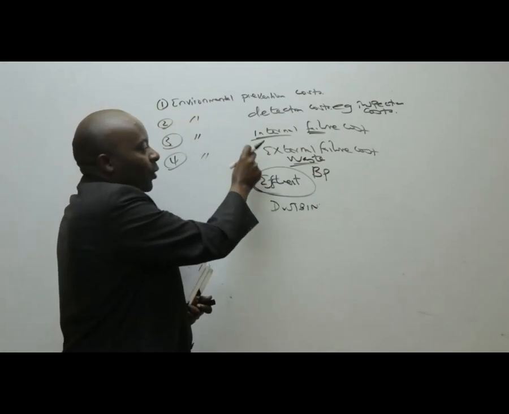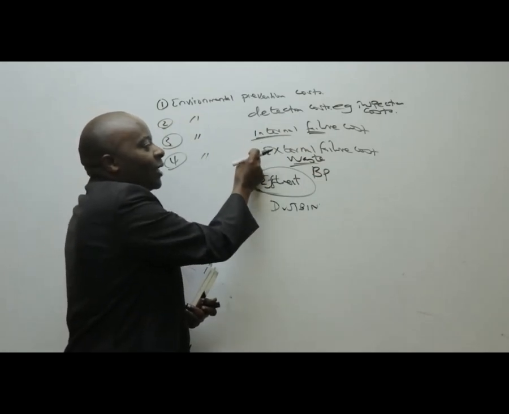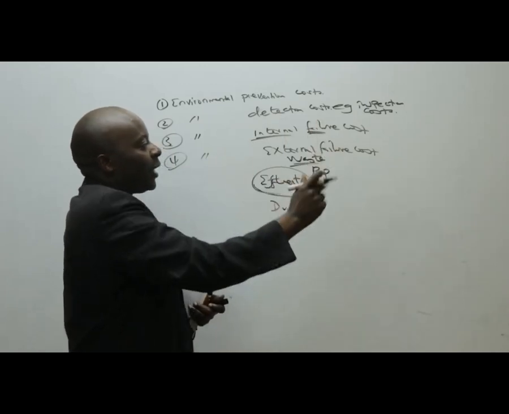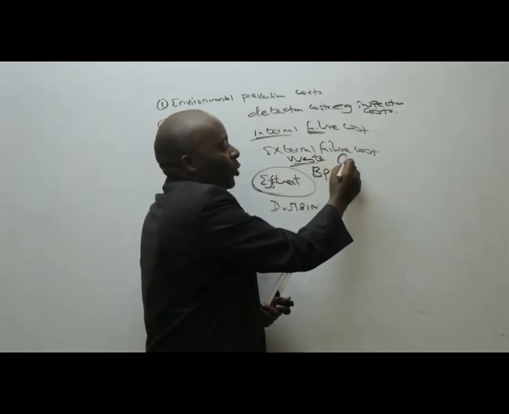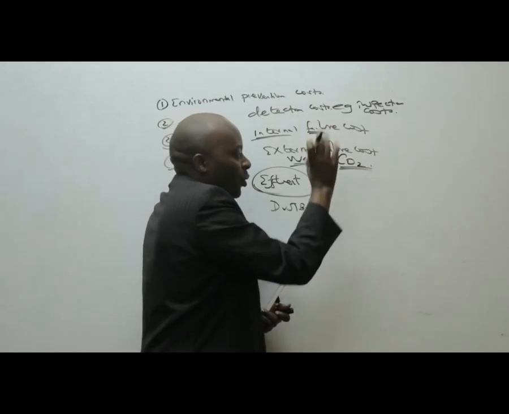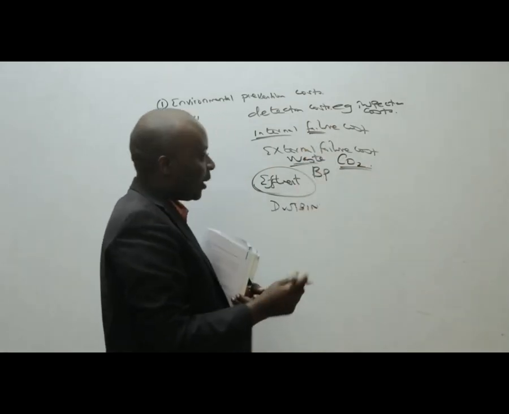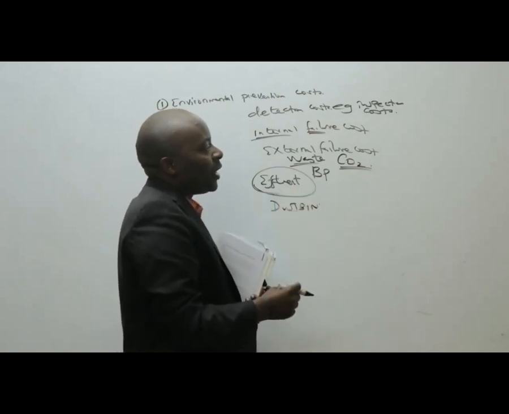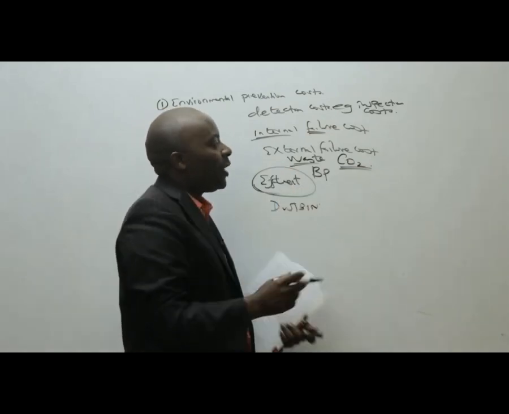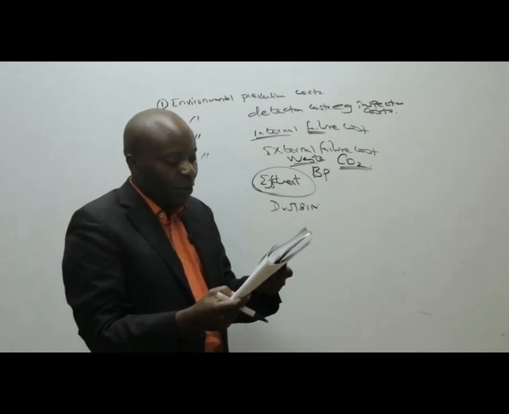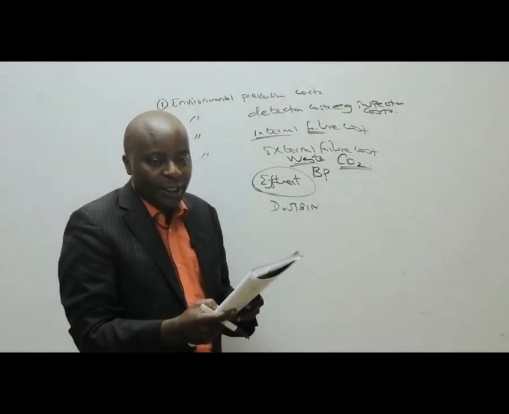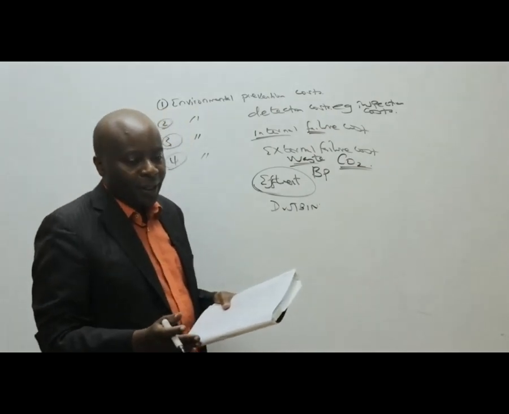Of course, all those costs which are incurred when this effluent has gotten into the environment, like the issue of carbon emissions. When you're trying to reduce the carbon emissions in the environment, then you'll be incurring what we call environmental external failure cost. So I hope you guys are taking small notes here and there, right?